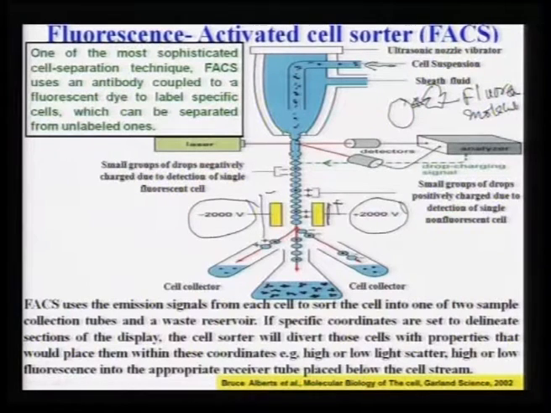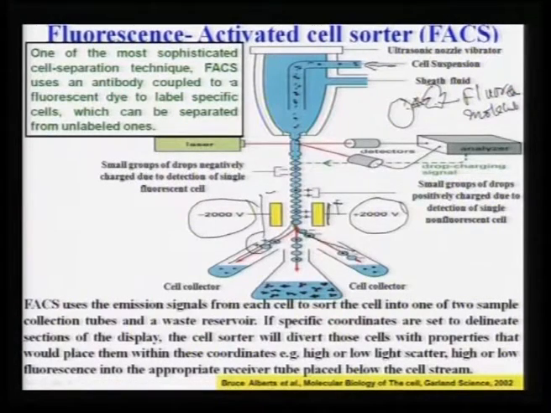Depending on the molecules which are tagged to the cell surface, certain cells will be separated this way into one test tube, certain other cells will be separated into another test tube, and the cells which are unaffected by the electric field will go straight and accumulate at the bottom. Now, what type of cells are being accumulated? This will be towards the positive electrode.